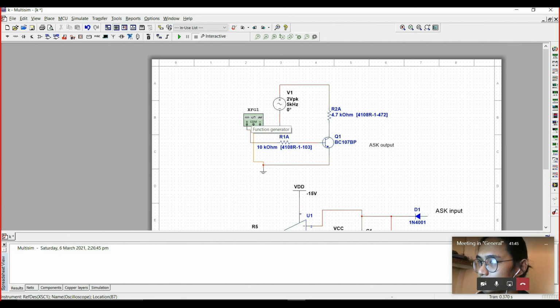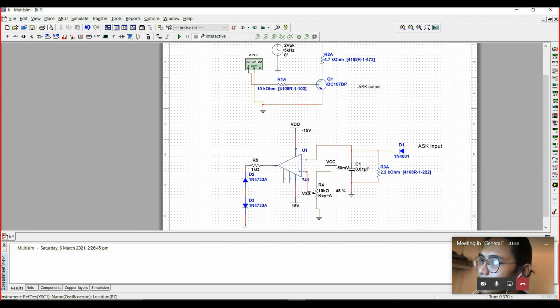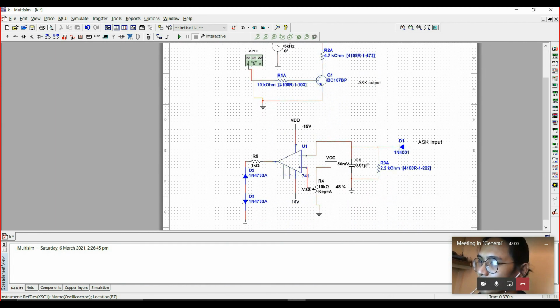If the input binary signal is high, then it will become shorted, which then the output of the ASK will be 0 volts. And the demodulator is just a rectifier, an envelope detector, a comparator, and a voltage regulator.